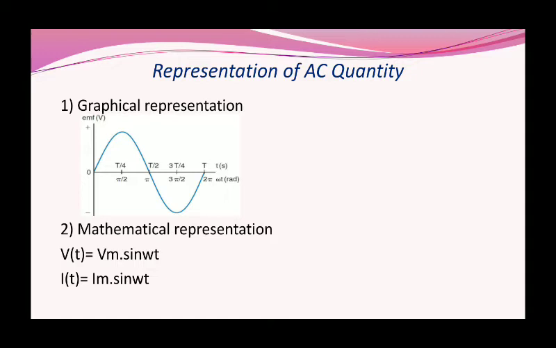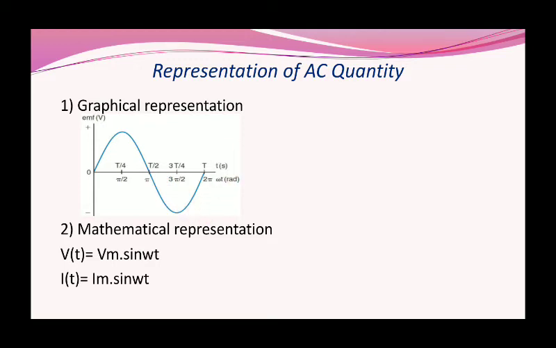So generally there are three types of representation of any signal. For example, here you can see the first method, that is graphical representation. As you can see, here are two words, graphical and representation, means we are representing an AC quantity in terms of a graphical method.